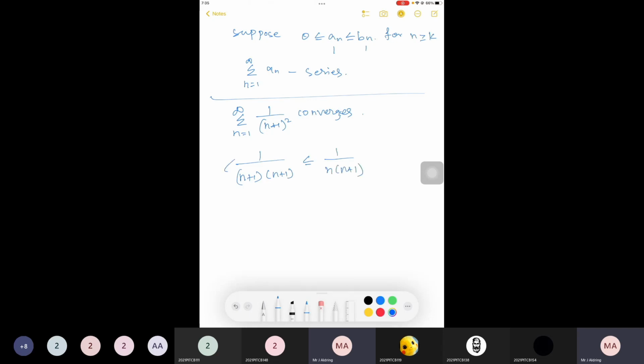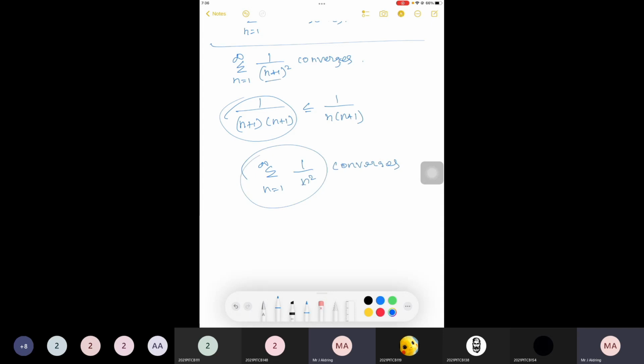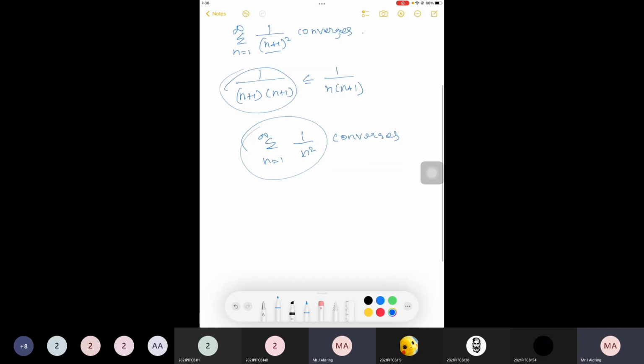Since this converges, it implies that summation of 1 by n square converges. Here we directly consider n square instead of n plus 1. That is a small example.